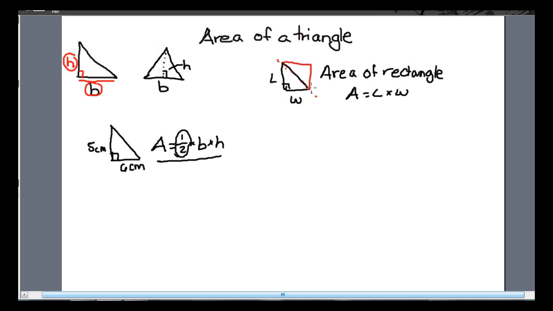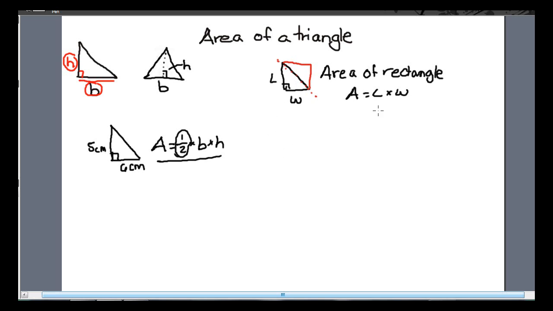And so if we were to take only one triangle, because this triangle in red on the other side is the exact same triangle as this one here, we know that we have half of a rectangle.